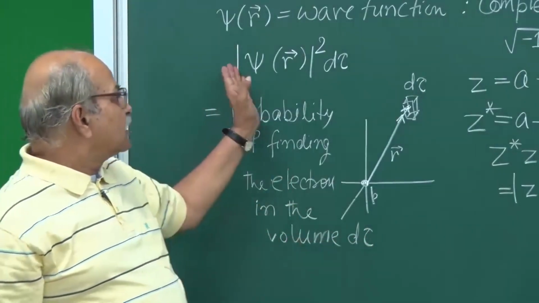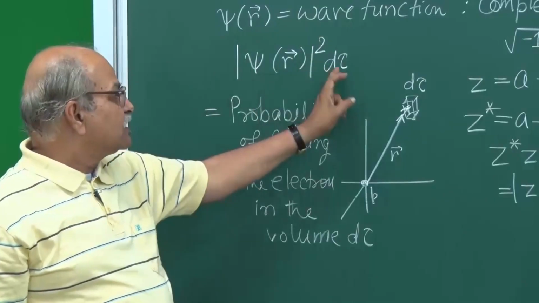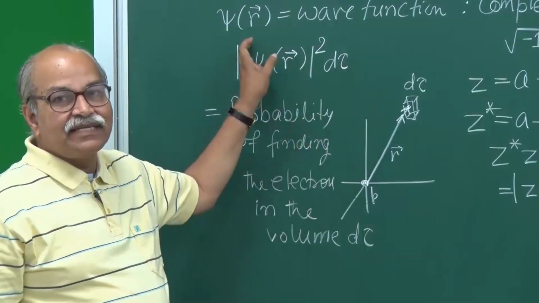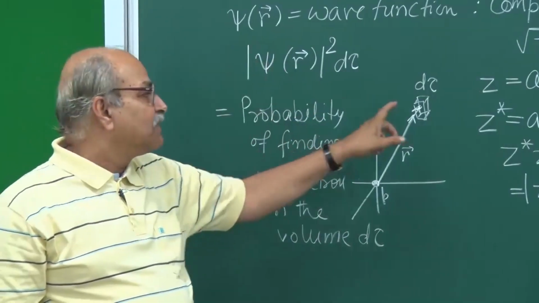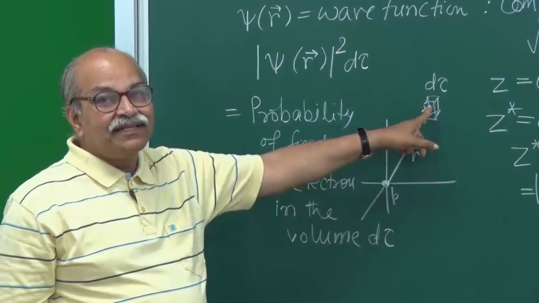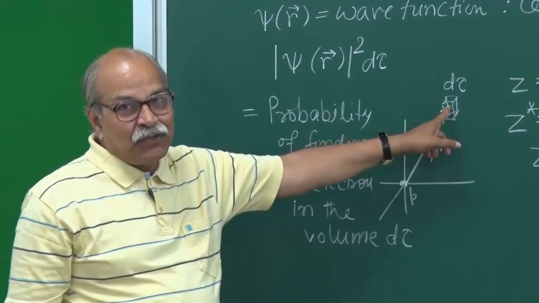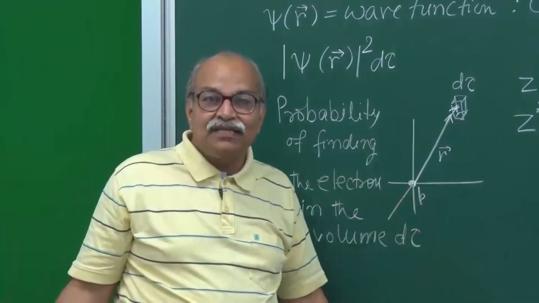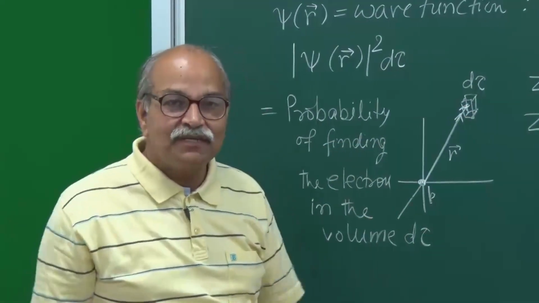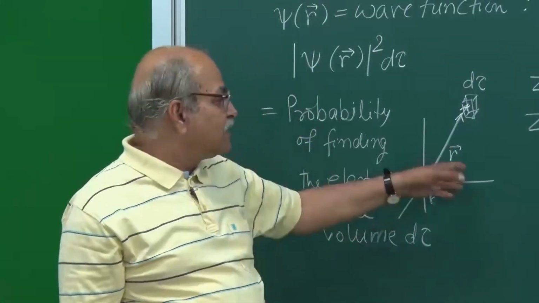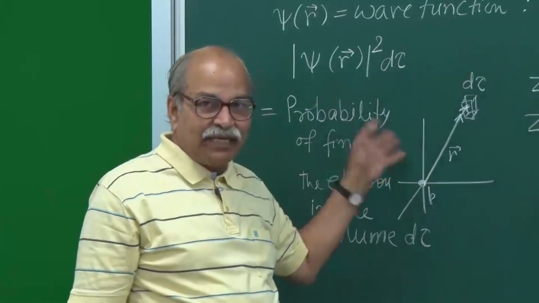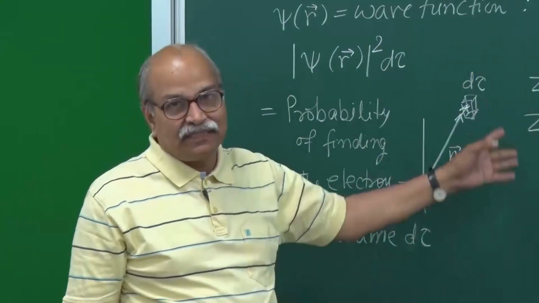Okay, so this mod psi square d tau, this quantity gives me the probability of finding the electron in this volume. So, if you want to know where the electron is, if I put some instruments to locate it, where do I locate it? You can locate it anywhere in this space, but with different probabilities.